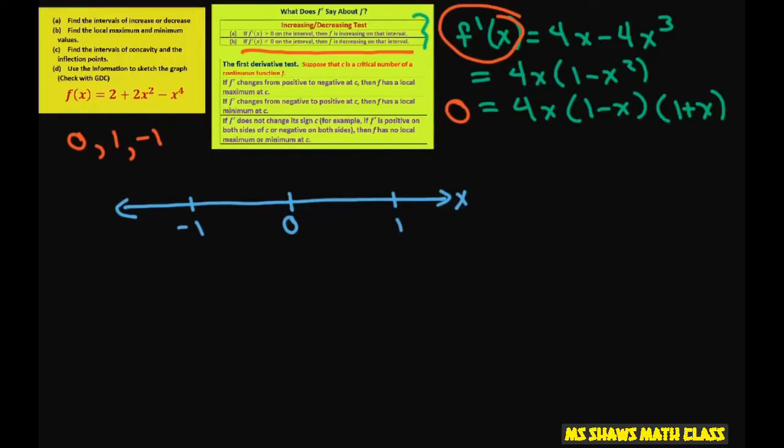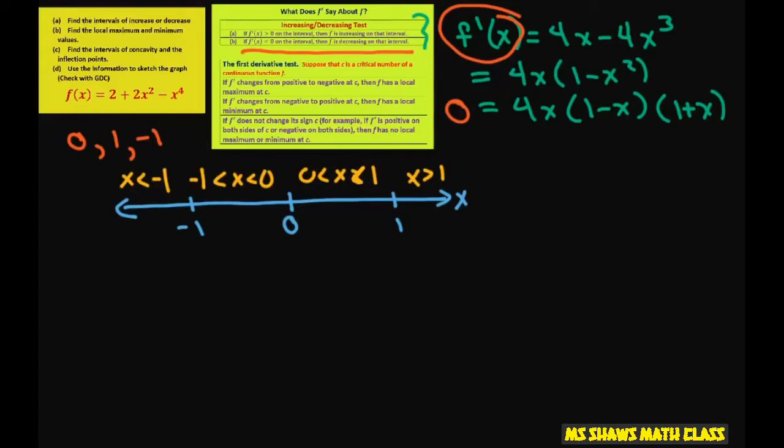So I want to know what's going on with the graph when x is less than negative 1, when x is in between negative 1 and 0, when x is in between 0 and 1, and when x is greater than 1. Those are our intervals.